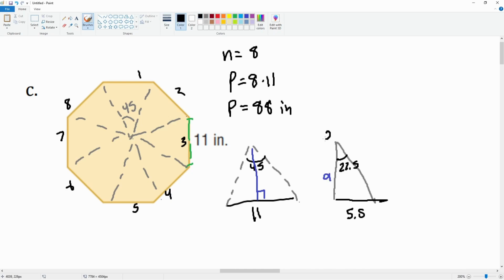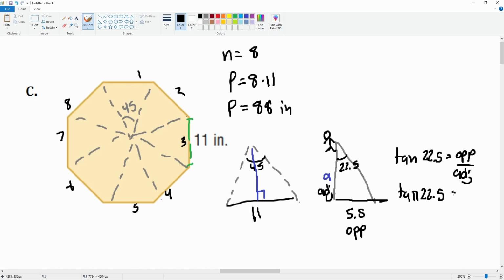This now allows us to set up our trig ratio. We have the opposite, and then we have the adjacent here. So this is tan. Tan of 22.5 is equal to opposite over adjacent. Tan of 22.5 is equal to 5.5 over adjacent, which is just the apothem here.